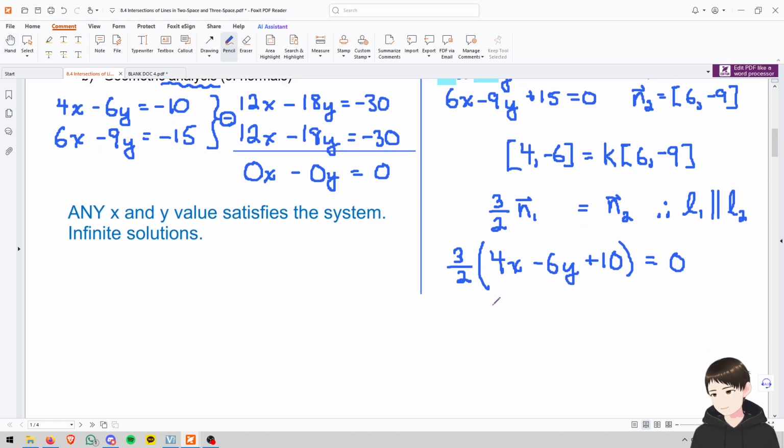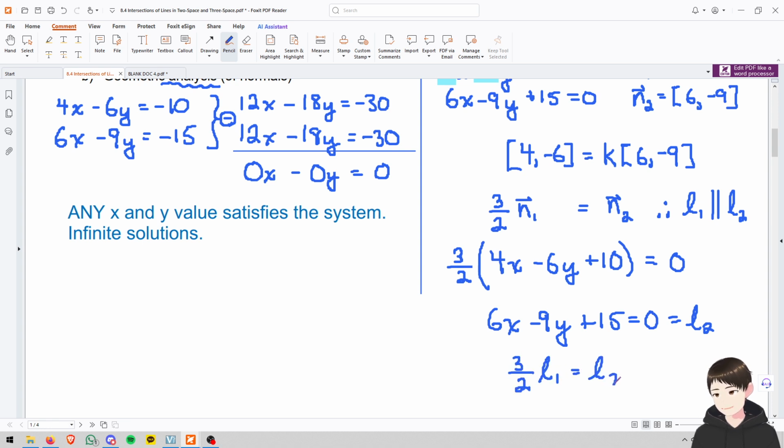I get 12/2, 6x, 18/2, -9y, 30/2, plus 15 equals 0. This is line 2. So I can argue 3/2 times line 1 equals line 2. They are coincident, so there are infinite solutions.